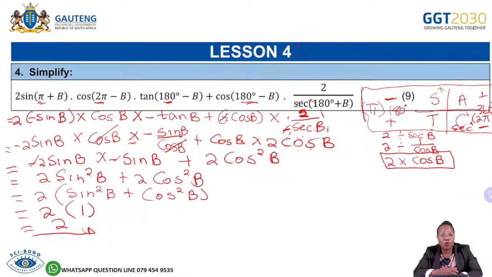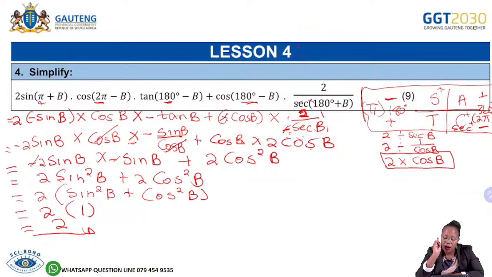Applying all your trigonometric identities and the reductions there. And then the important part, grade 12. This is the part that carries the most marks in trigonometry, because by reducing your angles, you will get a lot of marks there. Let's see now. The CAST diagram plays a major role here.